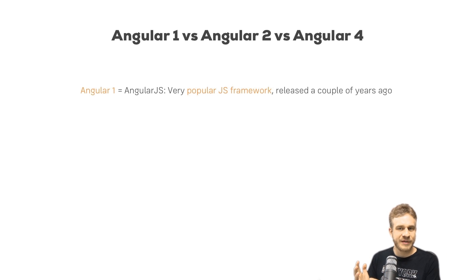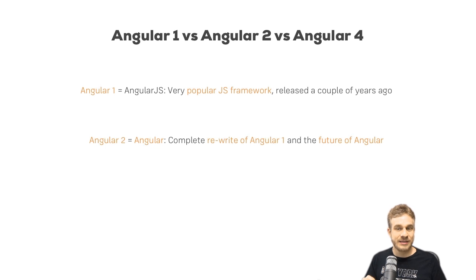It was released a couple of years ago and became very popular because it allowed us for almost the first time to create web applications like the ones shown in the last video, to create these great user experiences with JavaScript. Angular 2 was a complete rewrite of Angular 1 and was released in the last year.